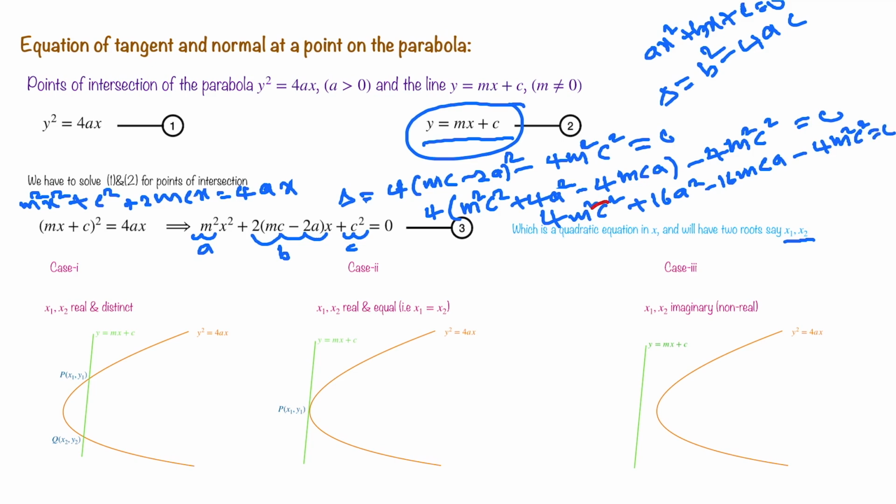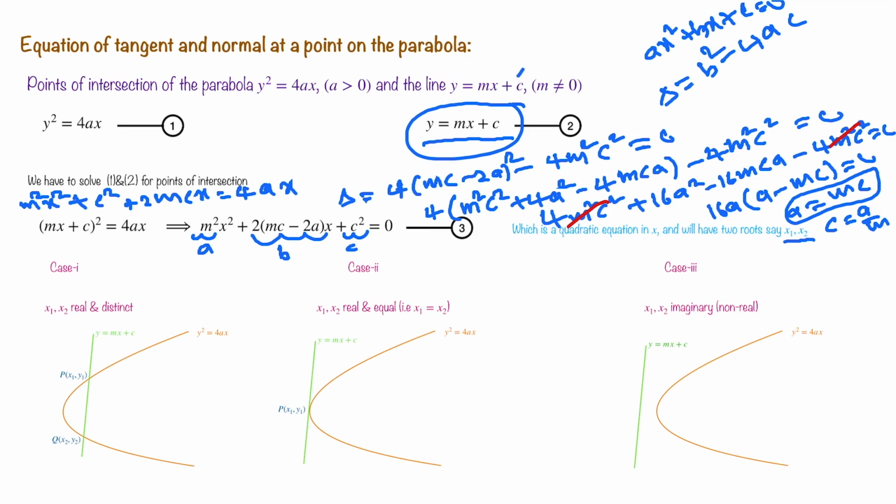As you can see, these cancel. Now if I take 16a common, then we have a minus mc equals 0. Since a is positive, a not 0, so a must equal mc. This is the condition, or else we can say c must be equal to a by m.